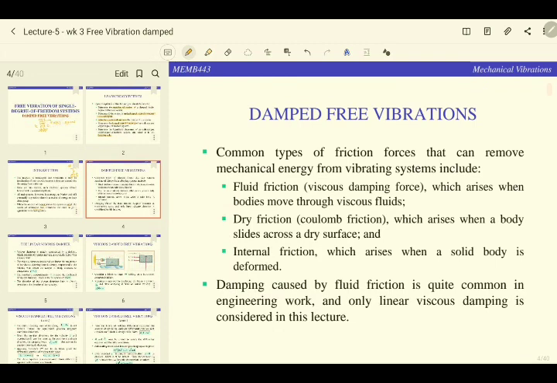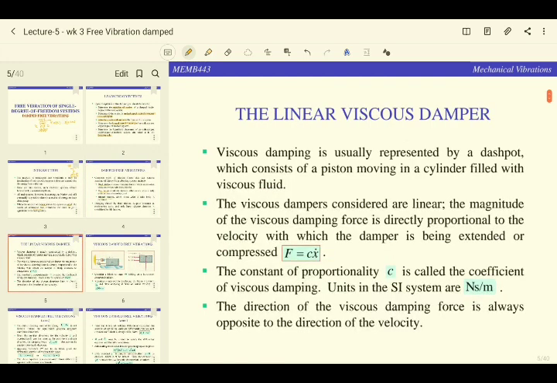Common types of friction forces that can remove mechanical energy from vibrating systems include fluid friction, dry friction, and internal friction, which arises from a solid body when it is deformed. Damping caused by fluid friction is quite common in engineering work, and only linear viscous damping is considered in this lecture. So most of the time we are looking into linear viscous damping force.